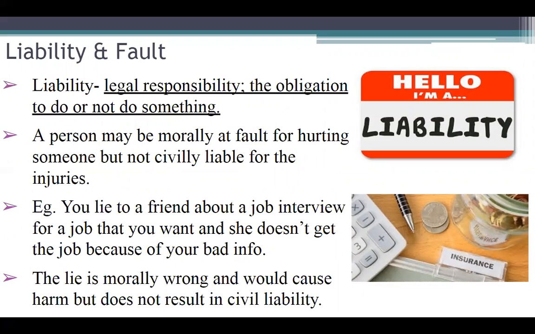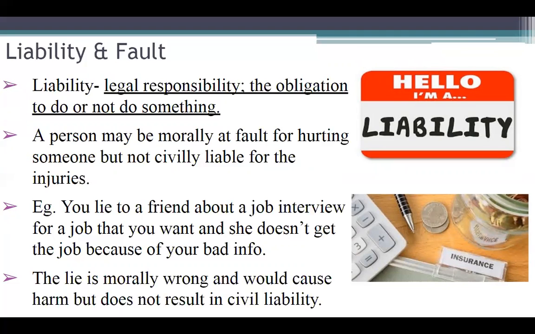So for example, let's say you have a friend and you both want to apply for this job, right? But you really want to get it, and so you lie to your friend about the job interview for that job, right? And so she doesn't get the job because you gave her bad info, and so she doesn't get to interview, or she loses the job, or maybe she said something during your job interview that gets her to flunk out, right?